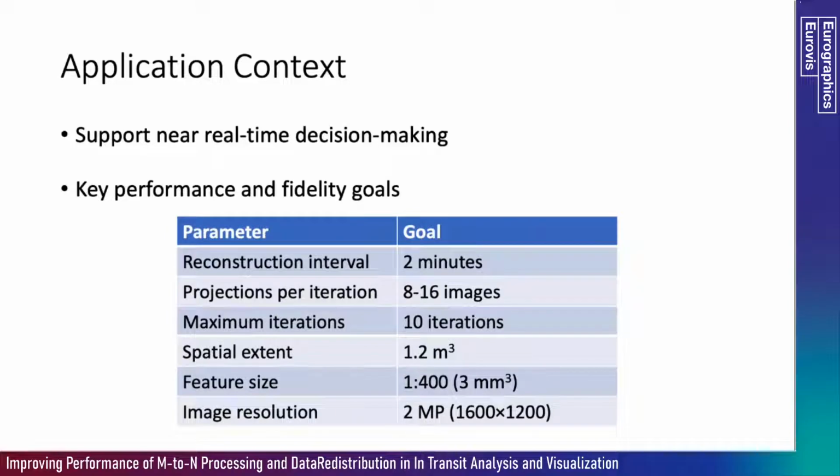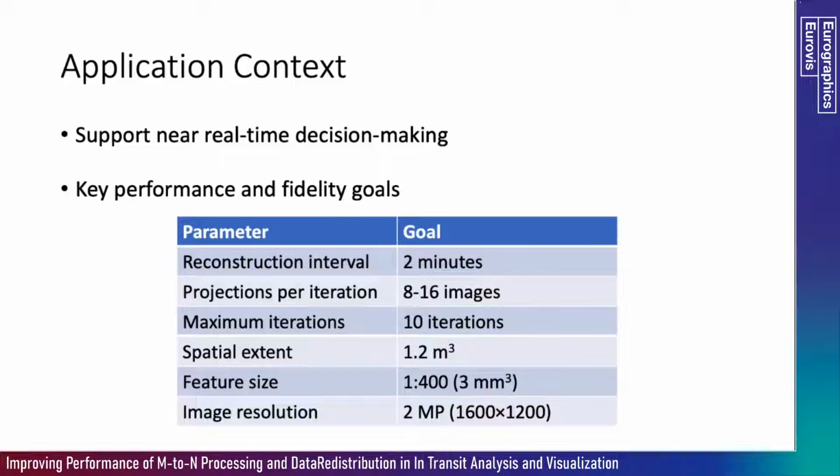As a result, we have some important performance and fidelity goals as outlined here. Notice first the reconstruction interval, 2 minutes or less. This goal supports our near real-time constraint. Also, observe that we're using only 8 to 16 projections. This constraint is due partially to the cost of running our acquisition apparatus and partially due to the physical constraints of the apparatus itself.